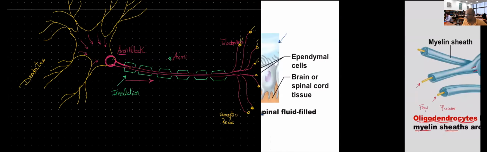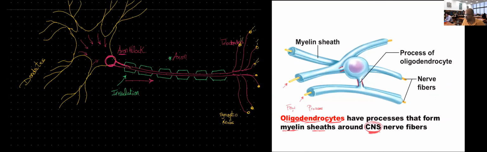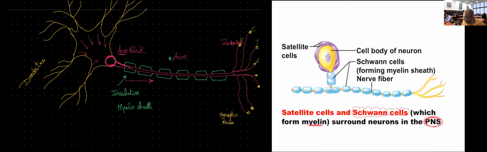And if you remember, what cells are responsible for the formation of the myelin sheath? In the CNS, those are the oligodendrocytes. And in the peripheral nervous system, those are the Schwann cells.